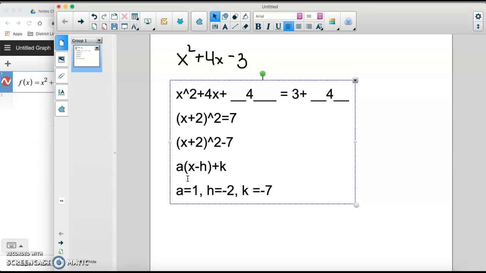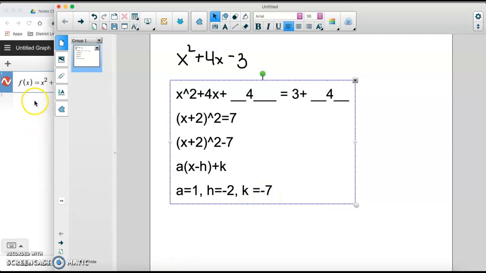So now we can graph this without doing all of the work from before, because knowing these pieces, we know our x value has moved to -2, and our y value of k has moved to -7.